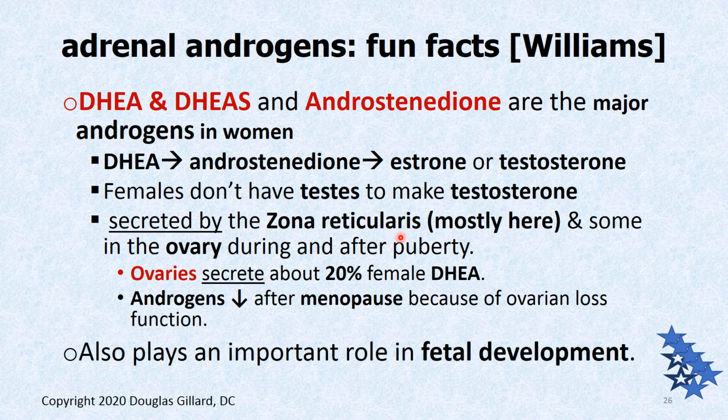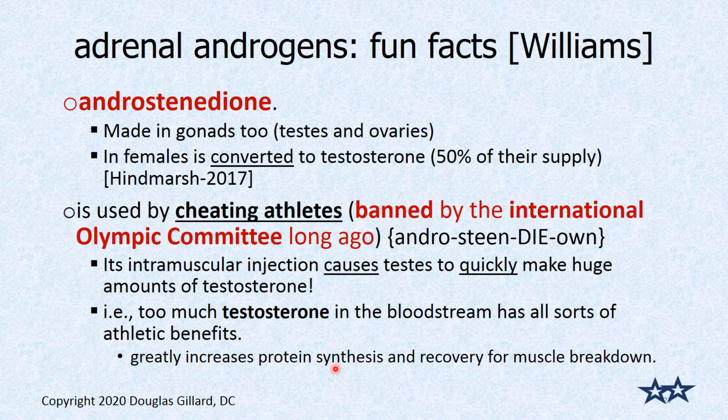They're secreted by the zona reticularis, which we know already. A little bit is secreted in the ovaries as well. Androstenedione can be made in the ovaries of females once puberty starts, and it plays a role in fetal development, which we won't get into. Androstenedione is also made in the male gonads.